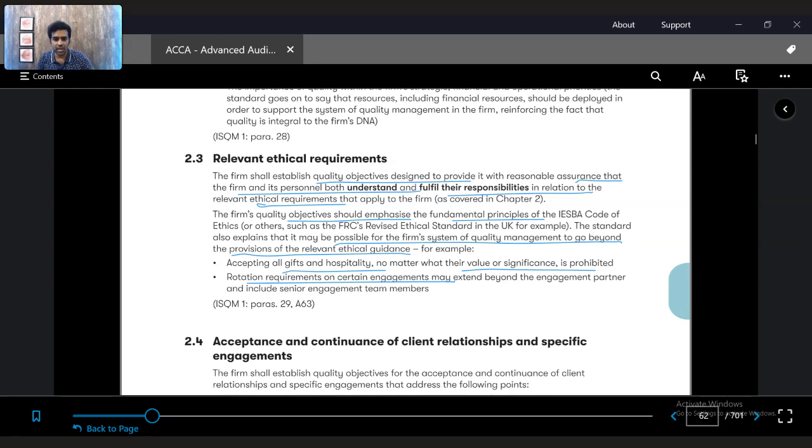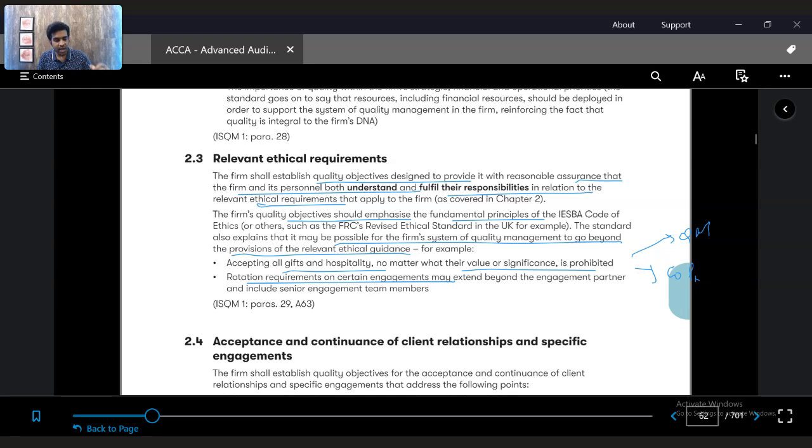They did not rotate the client for 10 years. So as a candidate, you are required to appraise these ethical constraints and how they impact the quality management. You also have to explain in relation to the breach of the code of conduct, how they are affecting the threats to independence as well.